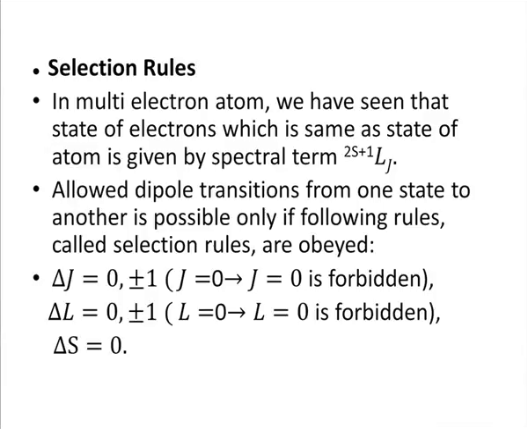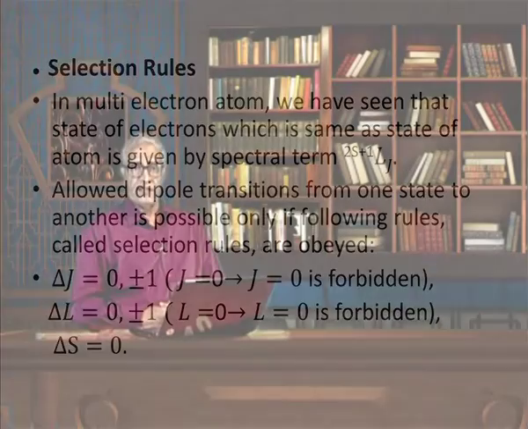You see, I told you that a spectral frequency is obtained when atom makes a transition from one state to another state. The question is, can any two states be connected by this transition? The answer is no. Some rules must be satisfied, and these rules are selection rules.